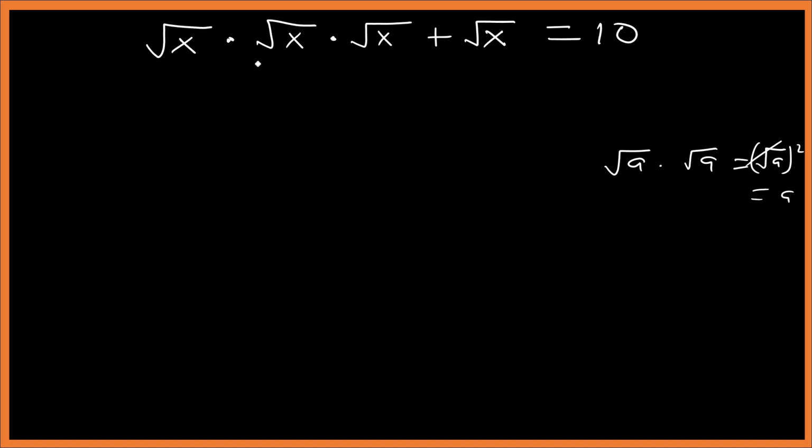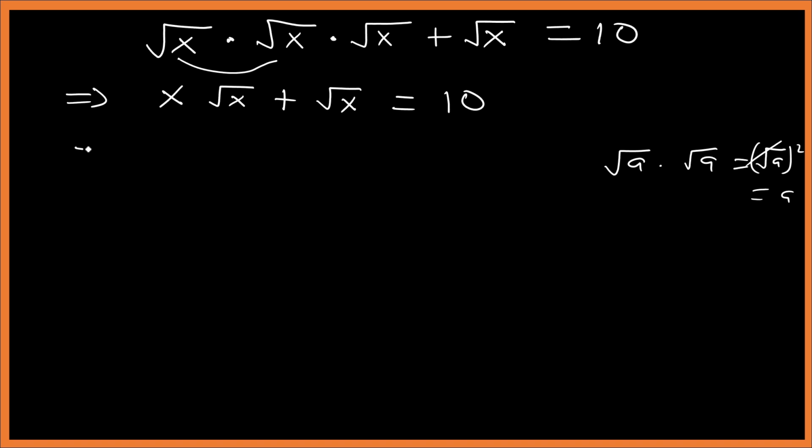So square root of x times square root of x will simply be x here. I won't waste time. So we have x times root x plus root x equals to 10.